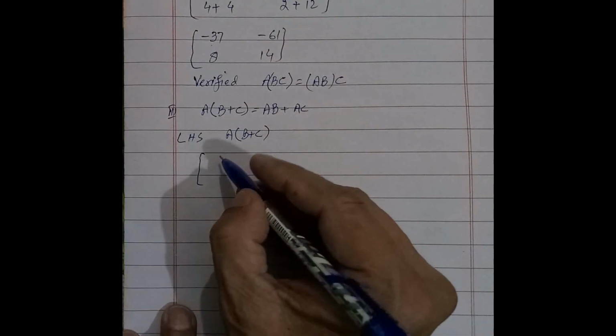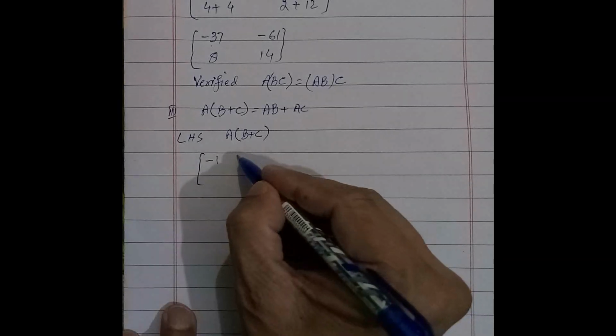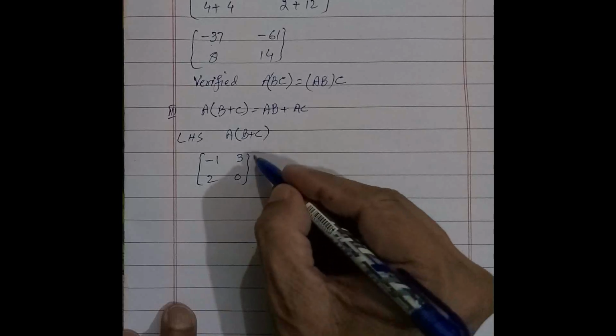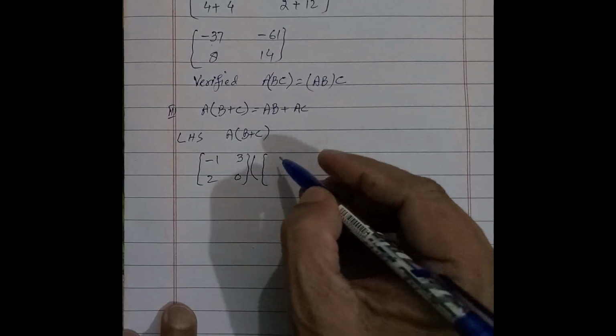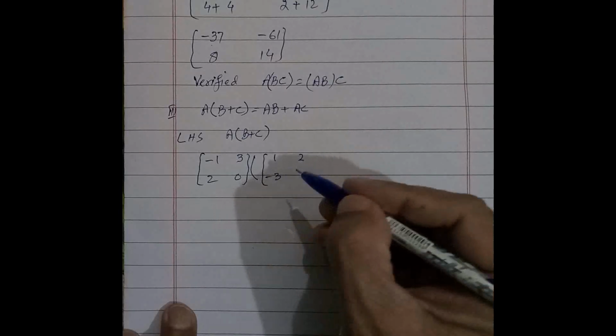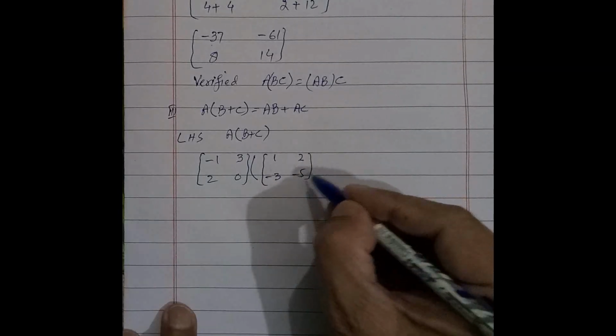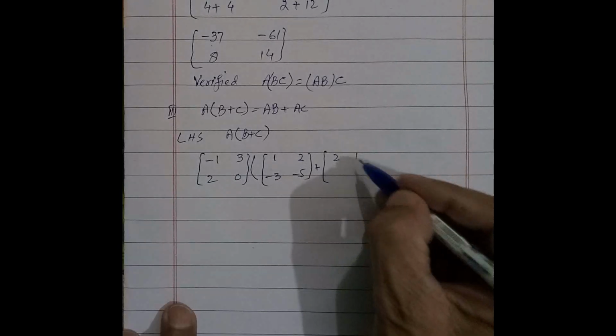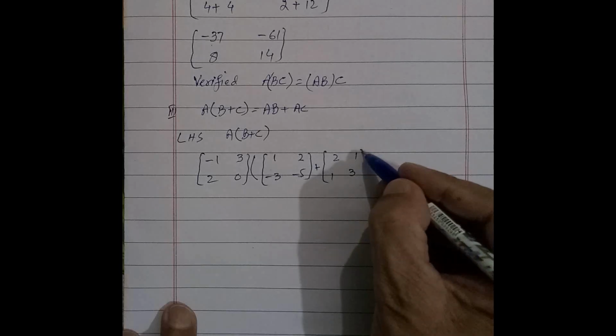The matrix A is -1, 3, 2, 0. Matrix B is 1, 2, -3, -5, plus 2, 1, 1, 3.